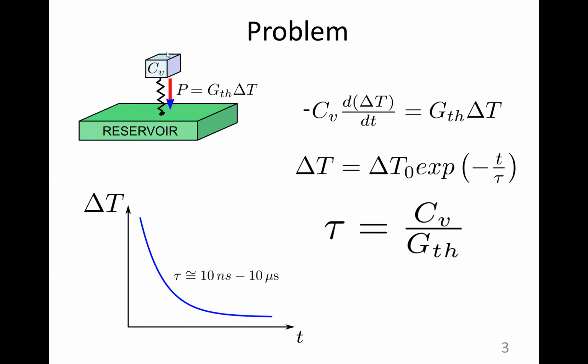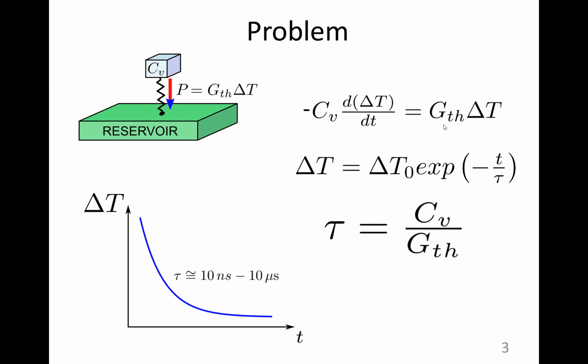So in the simplest case, we can linearize this heat flow of this thermal link, and we obtain the following differential equation that governs the temporal evolution of the temperature in the system.